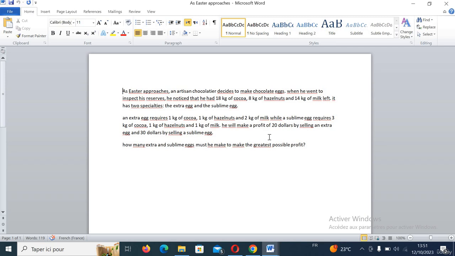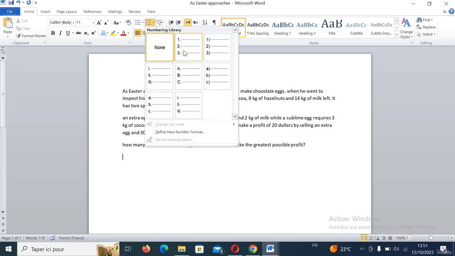So when we talk about making the greatest possible profit, we talk about maximizing the benefits. So not minimizing, but maximizing. The objective function is to maximize the benefits. So we start with the first thing. The first thing we should do is to modelize the problem. Let's take the decision variables.